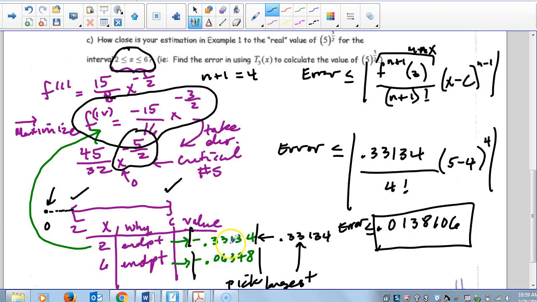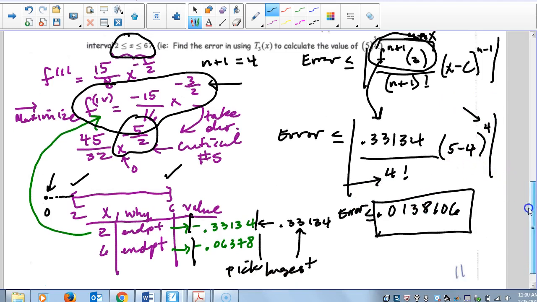So I checked out 2, I checked out 6. The value for 2 has an absolute value that's larger than 6, so we pick that, put it up here. That's what this means. This means give me that maximum value, 0.33134. Now the one that we were maximizing was the fourth. We maximized the fourth. So that's why this is 4 factorial, and that's why this is to the 4th power.